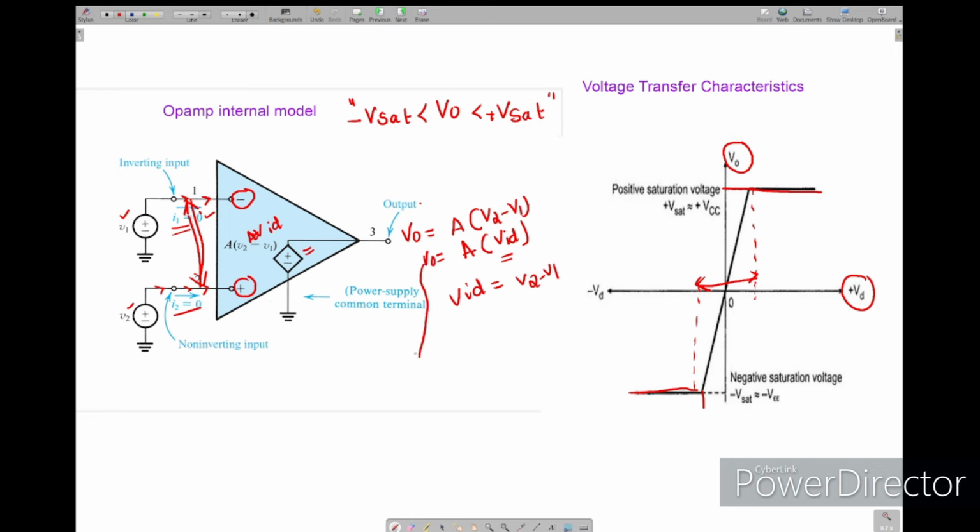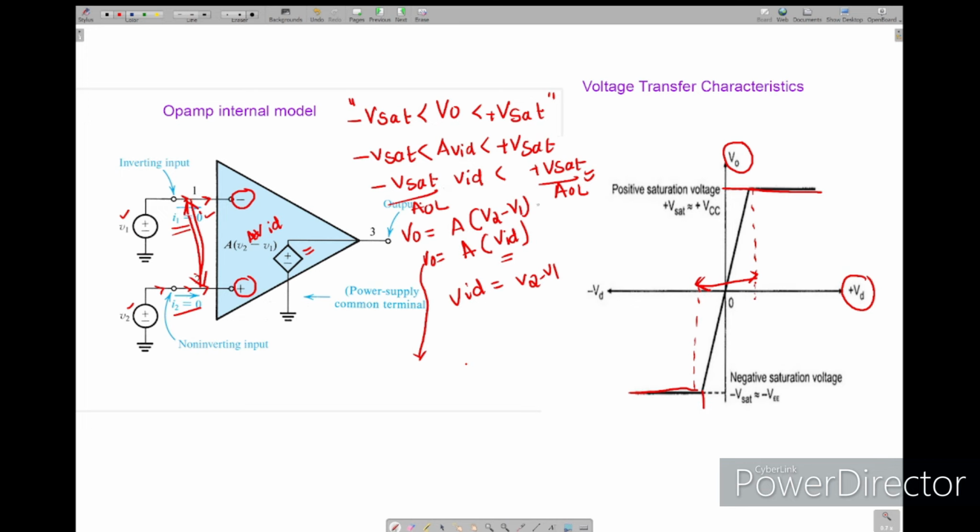So from here, I will directly substitute V0 equal to A times VID, between plus Vsat and minus Vsat. So VID is plus Vsat divided by AOL. This is important to work the op amp as a distortionless amplifier.